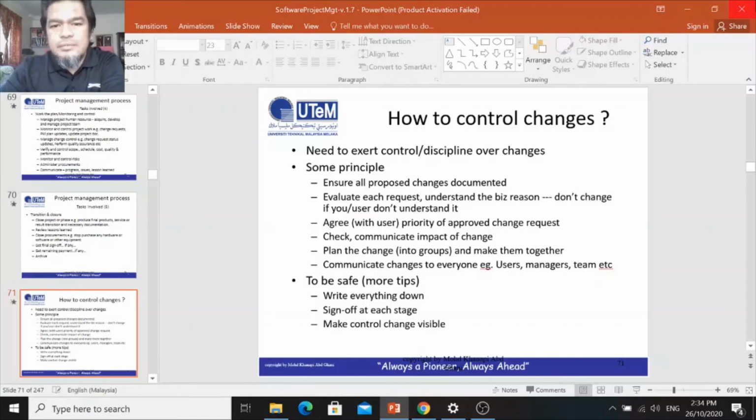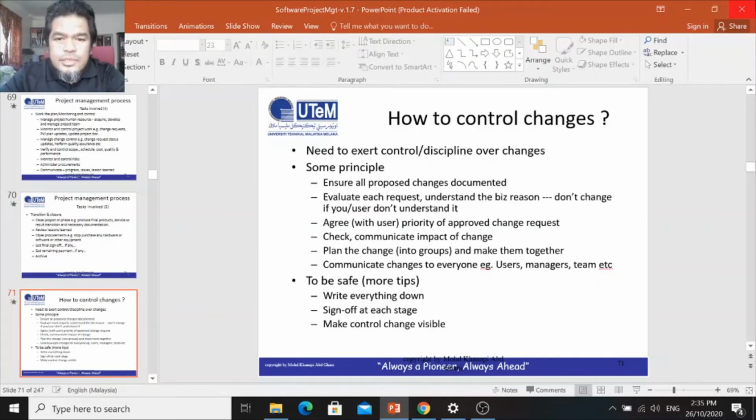Okay, some principles to control the changes: you need to ensure all proposed changes are documented. That's why we need a change management division to manage the change.